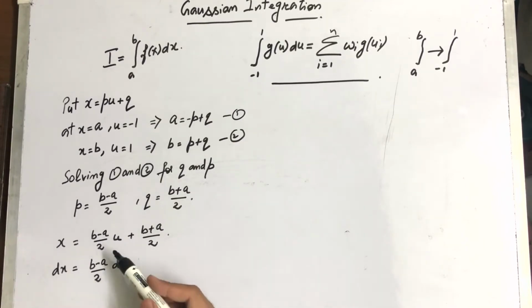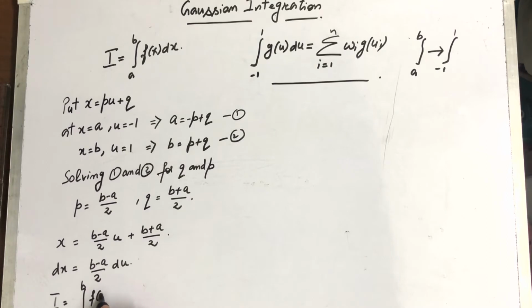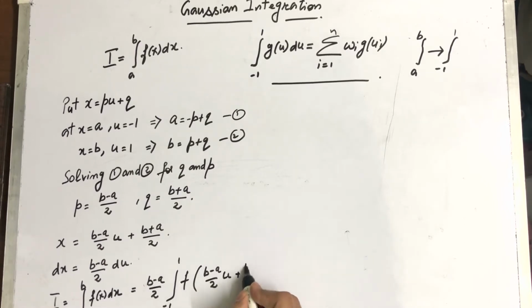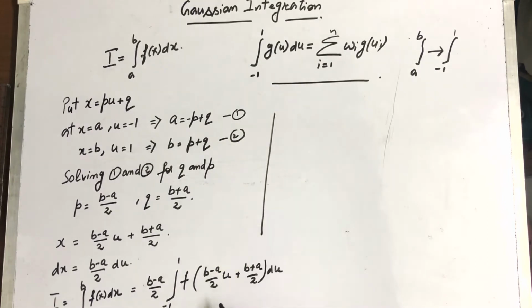Now putting these two values in the given integration formula, I, which is the integral from a to b of f(x) dx, now will look like (b minus a) by 2 times the integral from -1 to 1 of f of ((b minus a) by 2 times u plus (b plus a) by 2) du. And for simplification we will put this as g(u).